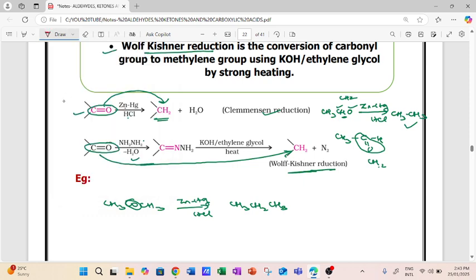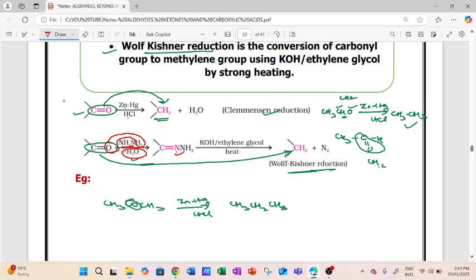The oxygen present in the carbonyl group gets eliminated with this hydrogen. As a result, a water molecule is eliminated, so the resulting product is C double bond N, with NH2 joined there. So C double bond N and NH2 is the intermediate.